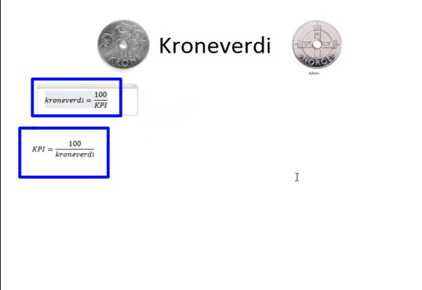Okay, the first example. We're going to find the kroneverdi when we know the consumer price index. And why not look at last year? Last year, 2011, the consumer price index was 130.4 in Norway.